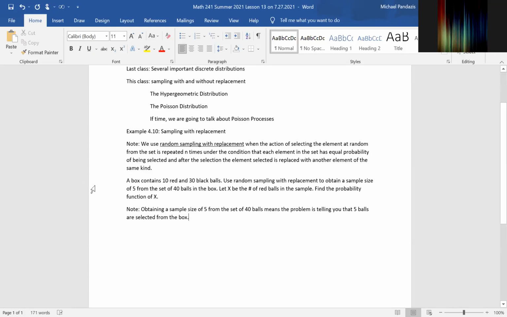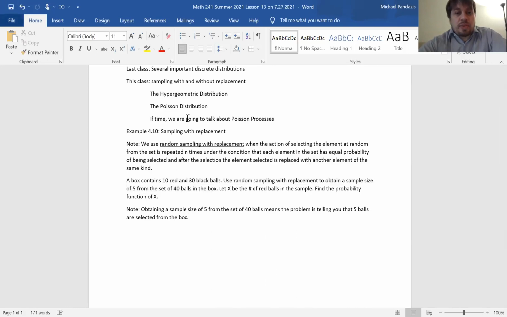It's telling you that you select 5 balls from the box that contains 10 red and 30 black balls, and X is the random variable that tells you the number of red balls in the sample.